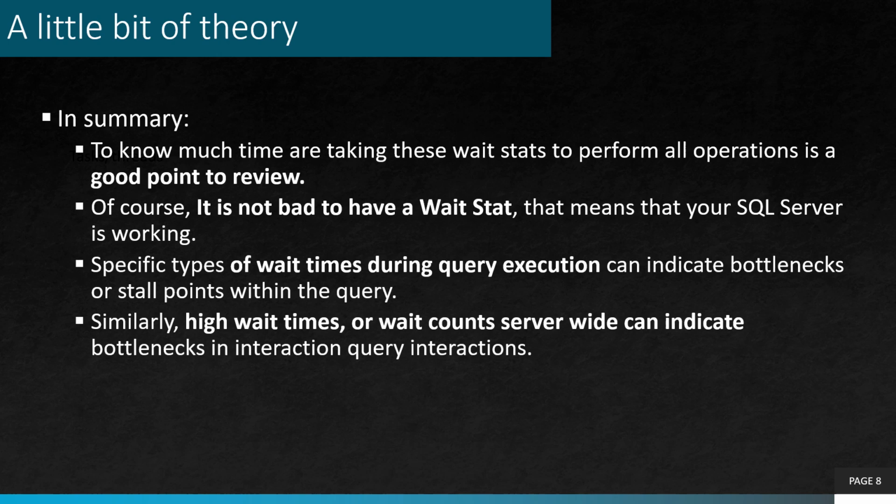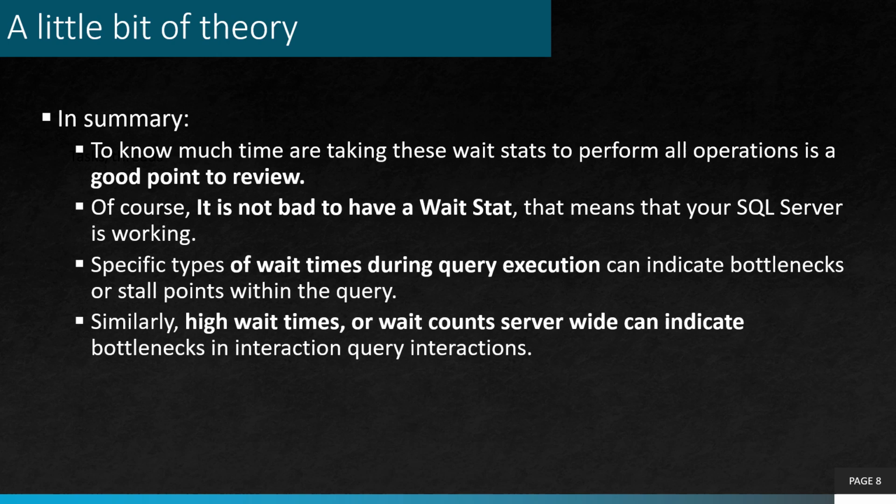It's very important to remark this, because, for example, suppose that you have PAGEIOLATCH. The PAGEIOLATCH is very high, but you waited just one time. That makes no sense to worry about, because most probably you ran a query that is reading a huge amount of data.